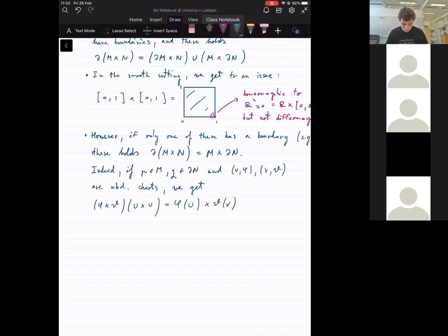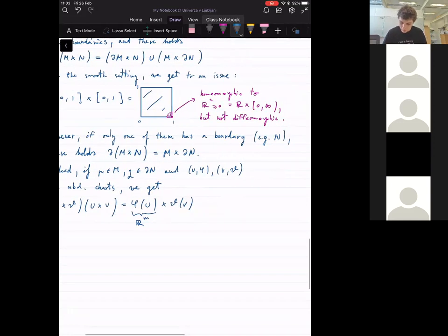And now this phi of U depends on your definition of what a manifold is. I would like to say that this is just R to the power of m, where m is the dimension of your manifold, right? And this would be R^n greater or equal to 0.